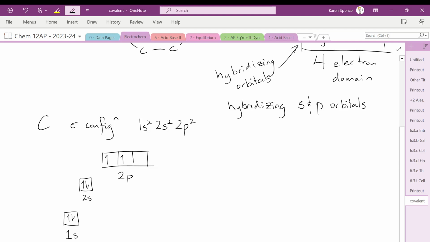Now, what can we say about all the 2p orbitals? They all have the same amount of what? Energy. Therefore, we call them, starts with a D. I like that.